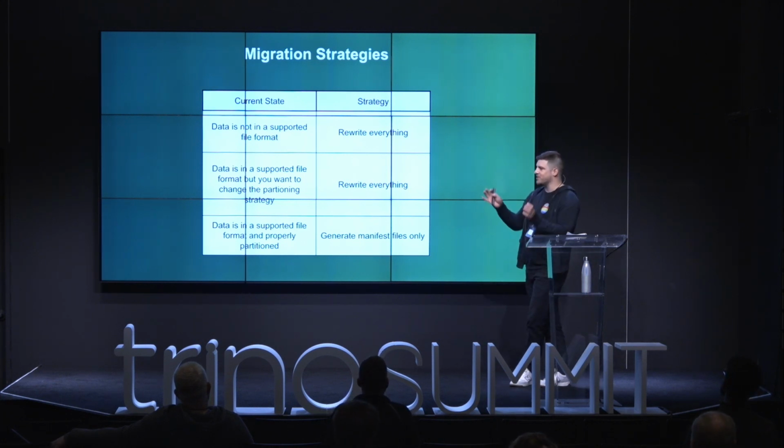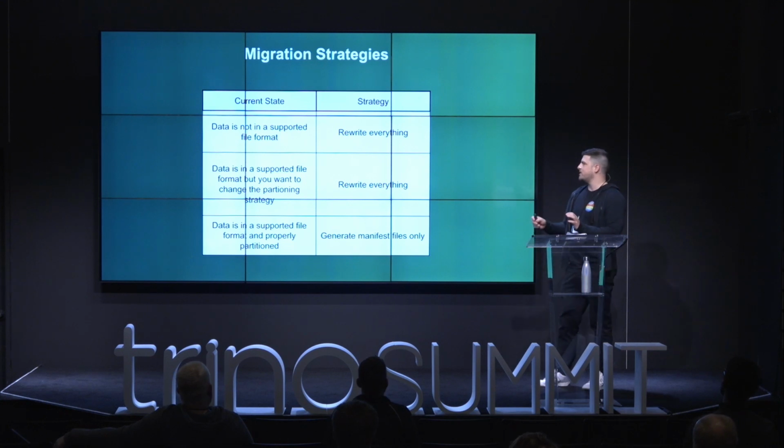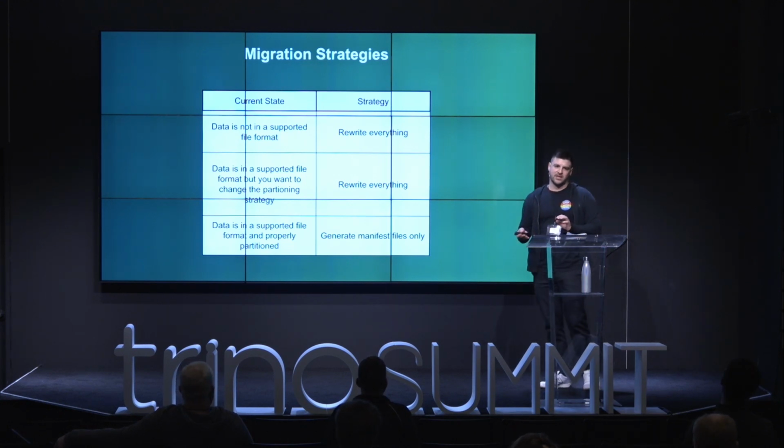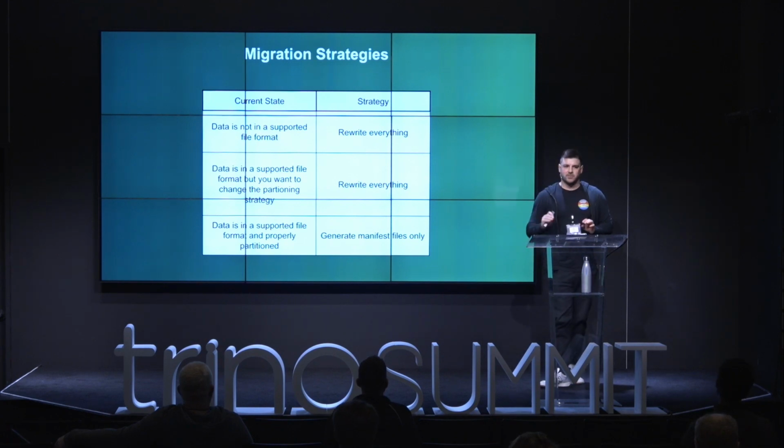Iceberg supports a more restrictive number of file formats. Whereas Hive was perfectly happy supporting JSON file formats, with Iceberg you can't do that. Iceberg only supports Avro, Parquet, and ORC files. So if your data is not in one of those files, guess what? You get to rewrite everything. And that's all the data, and that's really expensive, right? So you want to try and avoid that if you can.